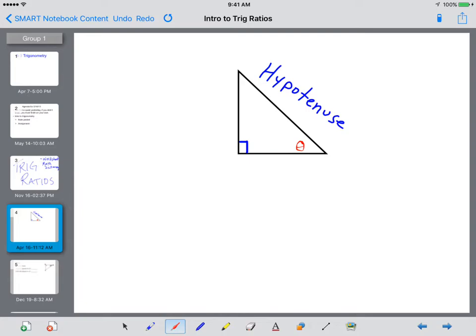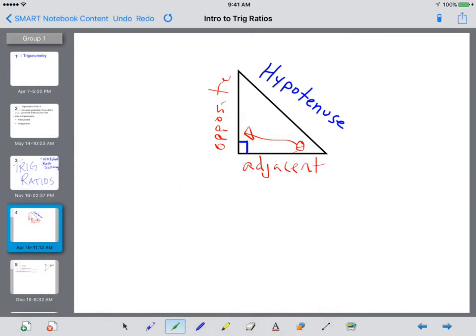there's the opposite side and adjacent side from that angle. The opposite side is the side across from that angle. The adjacent means right next to. So the side that's right next to it is called the adjacent side.